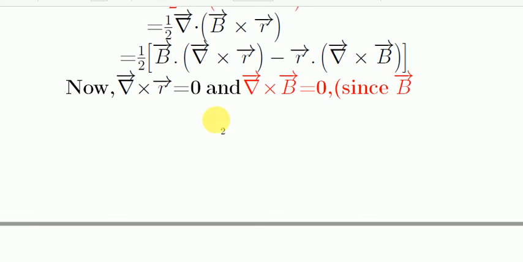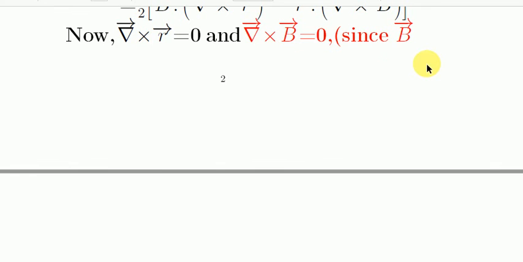Now from vector calculus, we know that del cross R equal to 0 and del dot B equal to 0, since B is uniform, that is, B is a constant vector. If B is a constant vector, then from vector calculus we can write del cross B equal to 0.